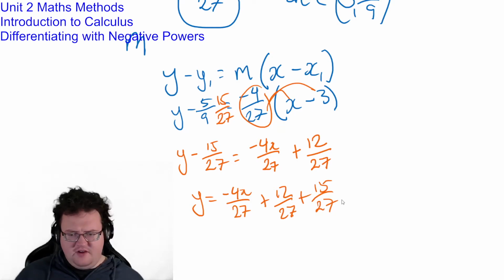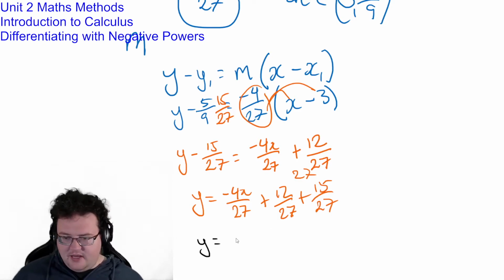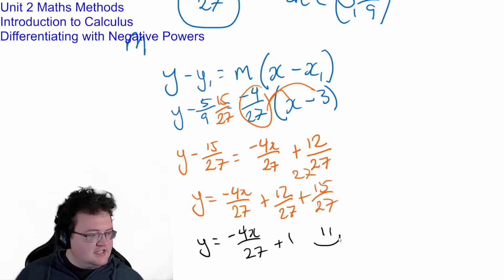That looks awfully convenient. What's 12 plus 15? It's 27 as well. So what's 27 over 27? It's 1. So my final answer actually comes out to be negative 4x over 27 plus 1. Smiley face.